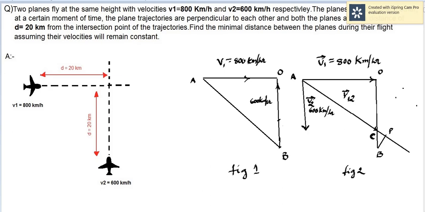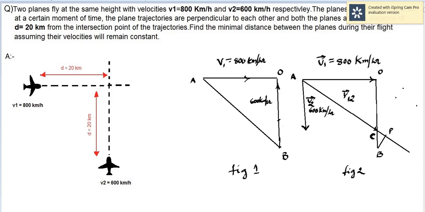So, we have drawn a schematic diagram here. Figure 1 shows the distance diagram, that is, the meeting point is O here. Plane number 1, which is moving at 800 kilometers per hour, will start from point A and reach point O. Plane number 2, which is moving at 600 kilometers per hour, will start from point B and reach point O. We have to find the minimal distance between the planes during their flight.